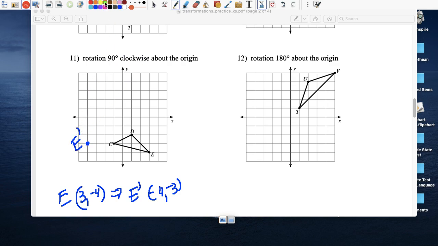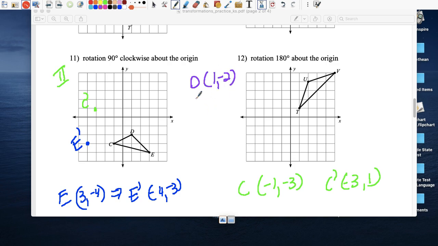C prime. C currently is at -1, -3. And they switch positions, so it becomes 3 and 1. But it lands in quadrant 2, and in quadrant 2, the first number is negative, so it becomes -3, comma 1. There we go, and there's C prime. Point D, currently it's at 1, -2.